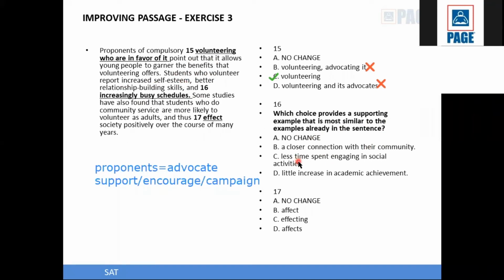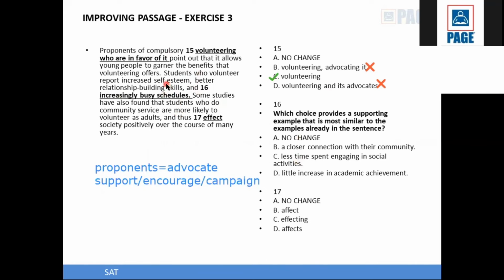If anyone has given C as an answer, because they ask for a supporting statement, yes, you think it is a supporting statement. So you go with A, the statement which supports. Okay, that is an increasingly busy schedule.